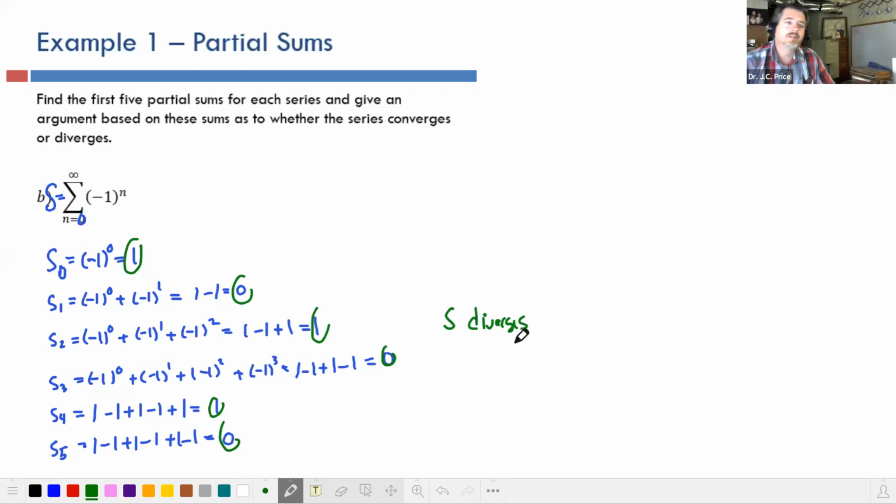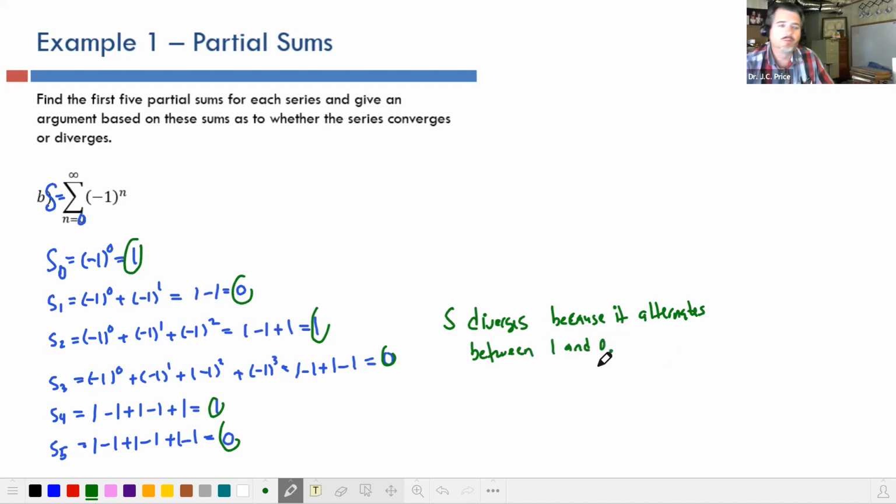And now here, instead of saying just by inspection, I might try to give a little bit of an argument. So let's give an argument. It alternates between 1 and 0.